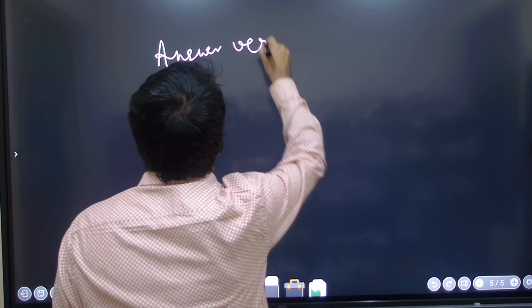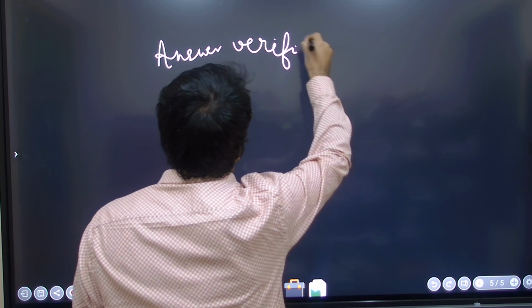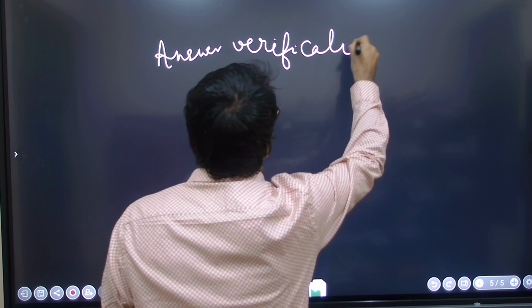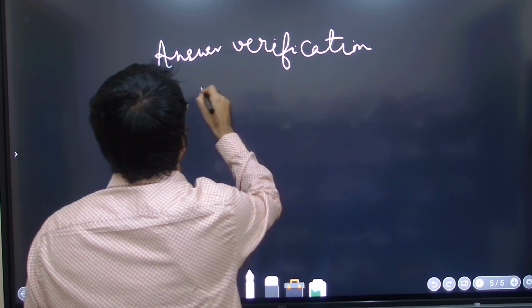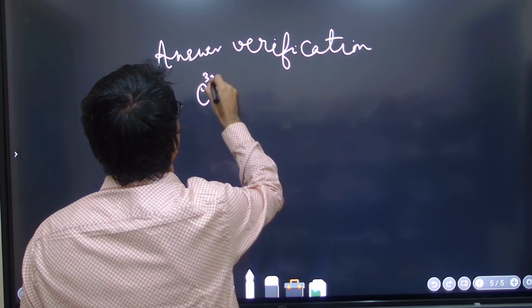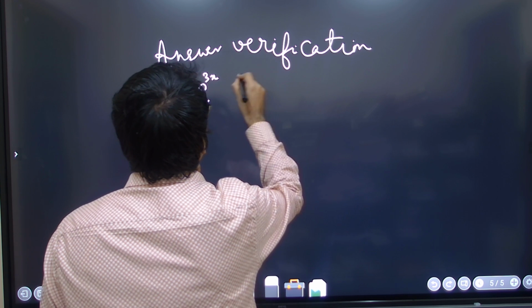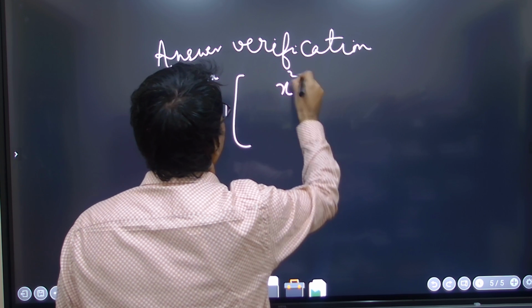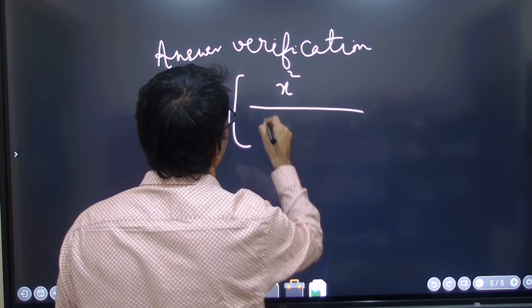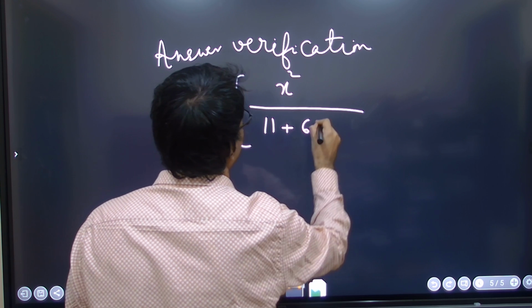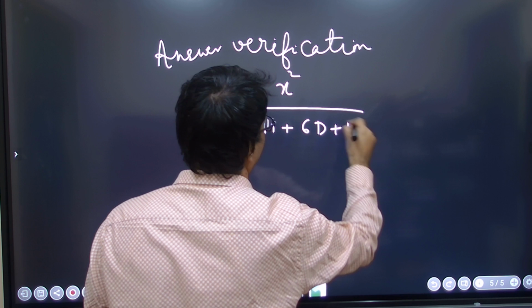Answer verification at this juncture. So we have already shifted this, and once we shift that, what we are left with is x square over 11 plus 6d plus d square.